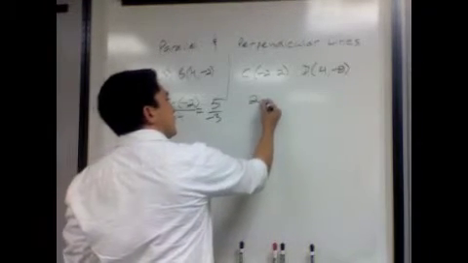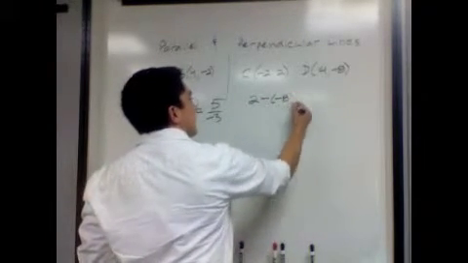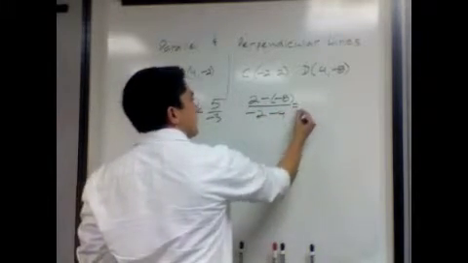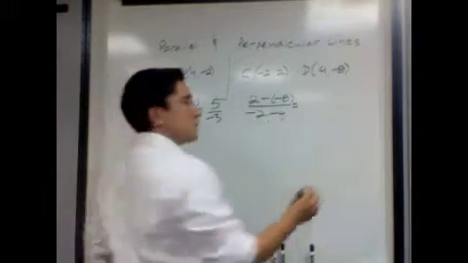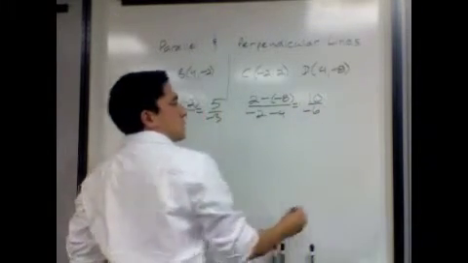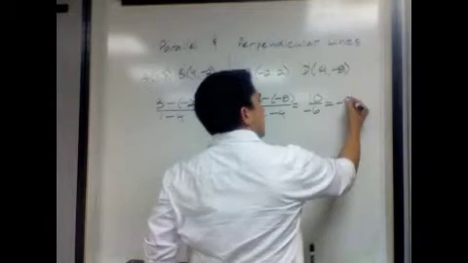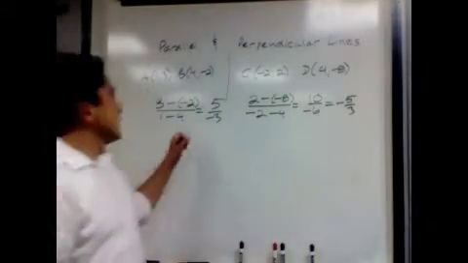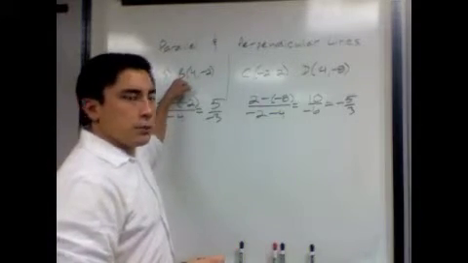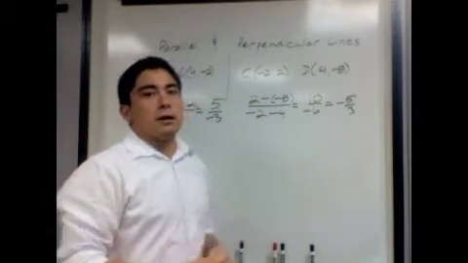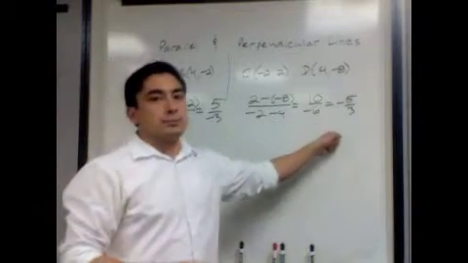We have 2 minus negative 8 over negative 2 minus 4. So 2 plus 8 gives us 10 over negative 6, which reduces to negative 5/3. So in this case, the line that crosses through these 2 points and the line that crosses through these 2 points are going to be parallel because they have the same exact slope.